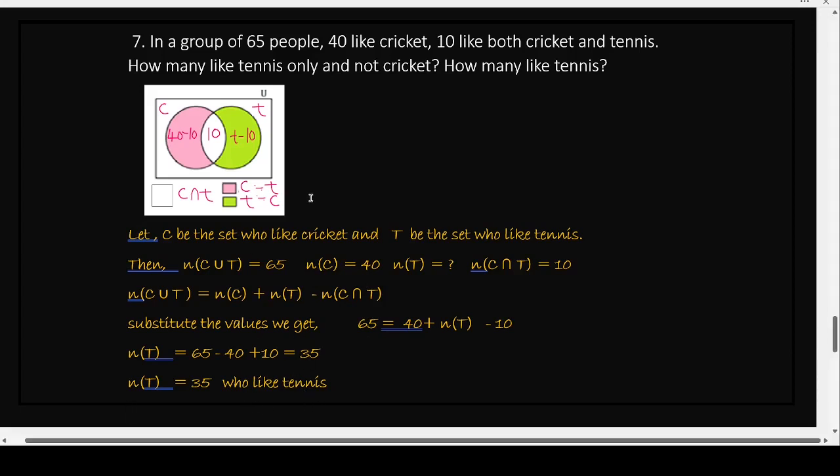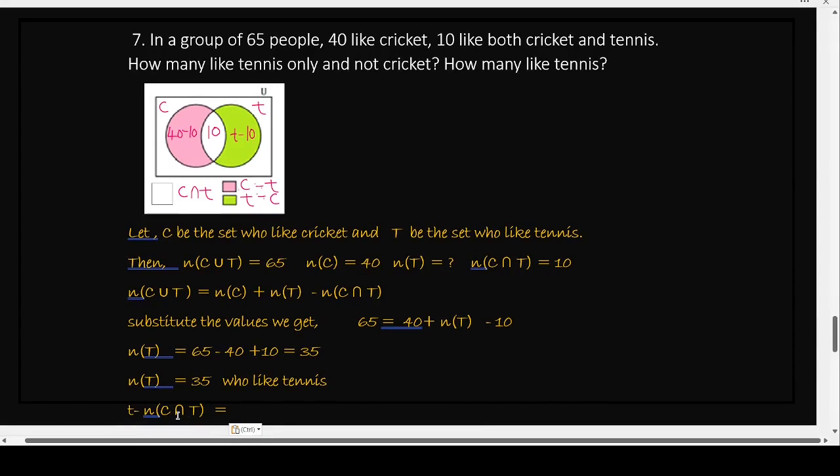That is given by n(T) minus n(C intersection T). T is the whole circle minus this C intersection T. That gives you the people who like tennis only.